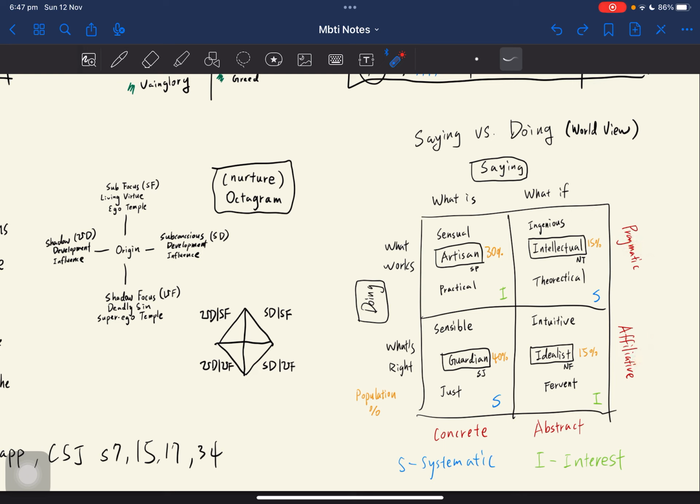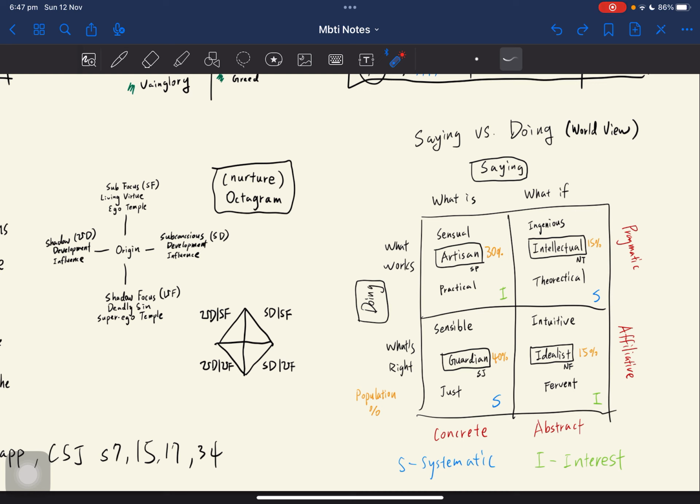Pragmatic versus affiliative is also very straightforward. Pragmatic is doing what works, and affiliative is doing what's right and more people focused, and this is more things focused.